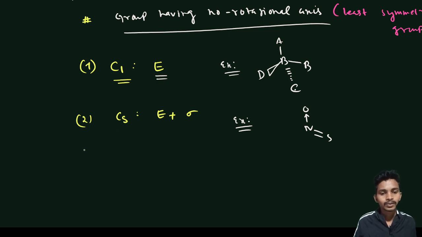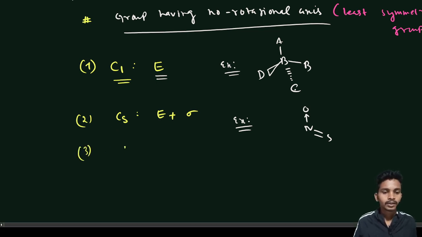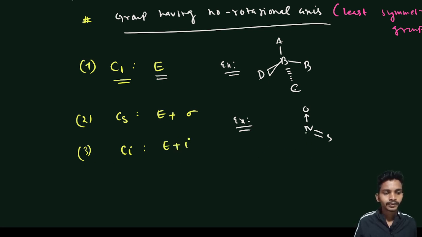And the third type, if it is Ci. So here you understand E is present plus i is present.